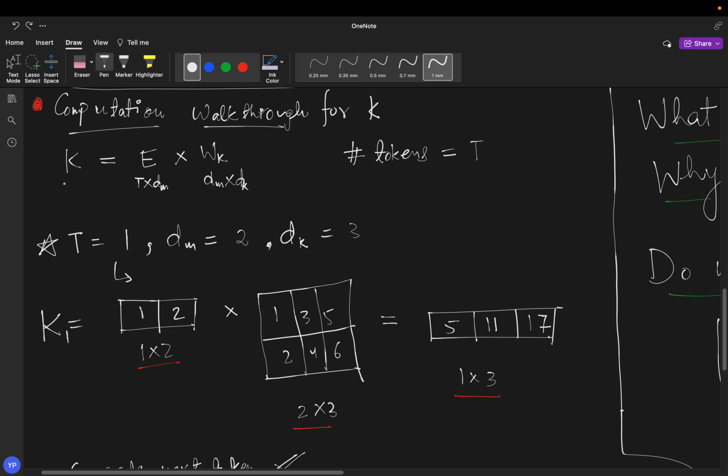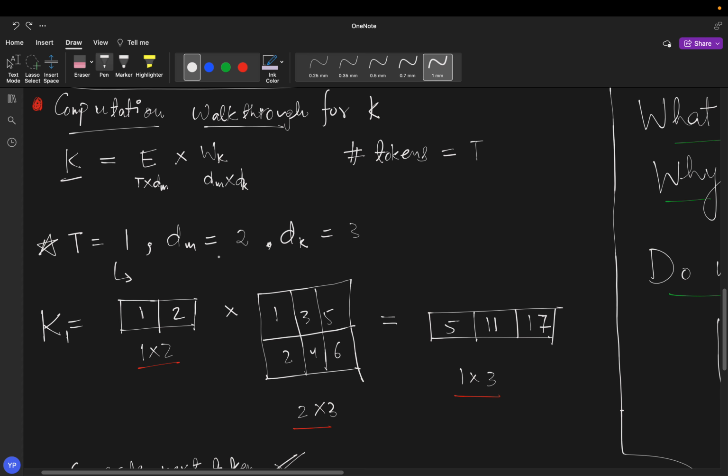So you have this K matrix, and you have this E matrix, and you have the WK matrix, and the number of tokens is represented by T. So the result would again be T cross DK. Now when we have the first token, I enter the prompt "what", and it takes this one thing as a token.